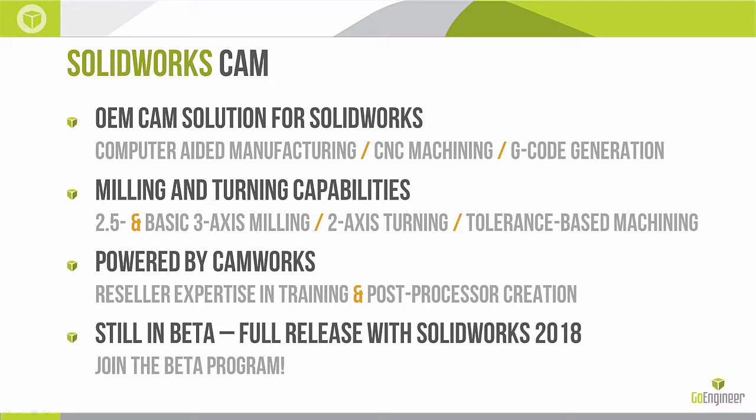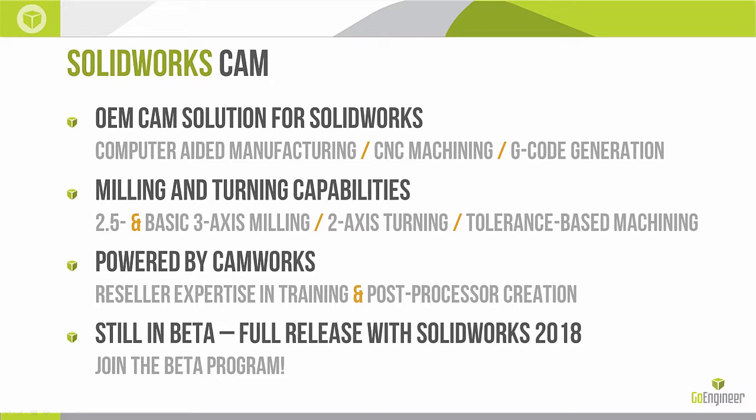Now SolidWorks standard, so every seat of SolidWorks, starting with the 2018 release, will have a version of SolidWorks CAM free of charge. That version, as it stands right now, will be the 2.5 axis milling and the very basic 3-axis milling functionality. It will also include the UPG, the Universal Post Generator.